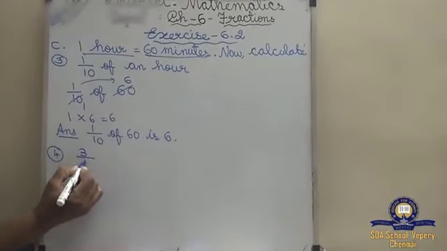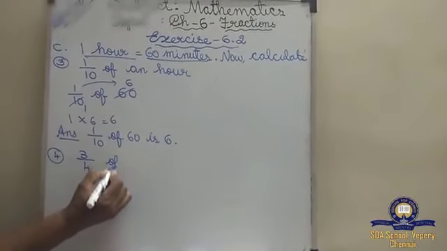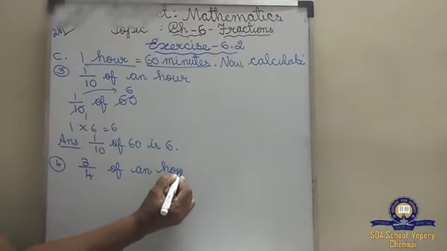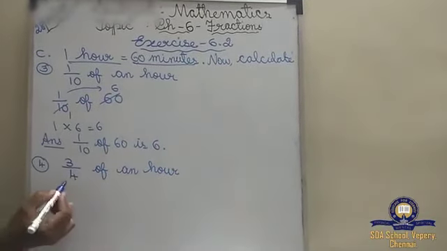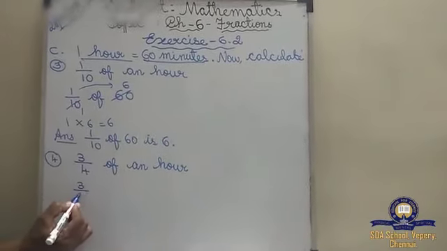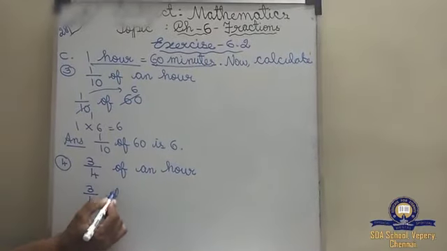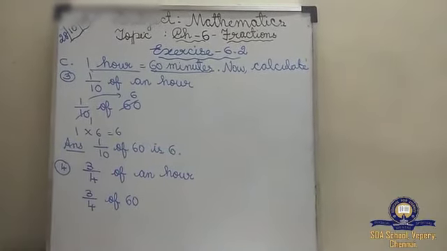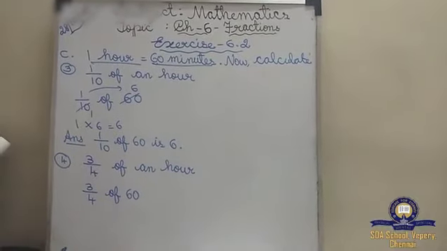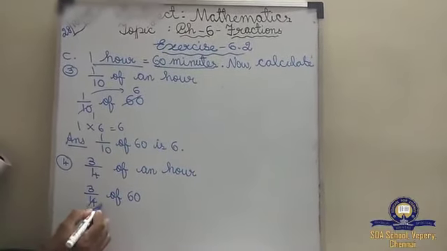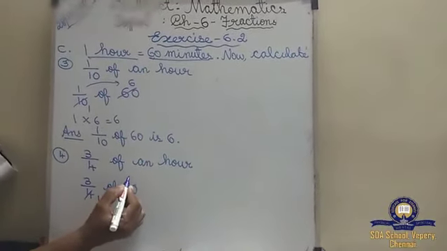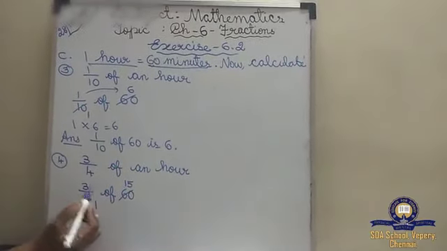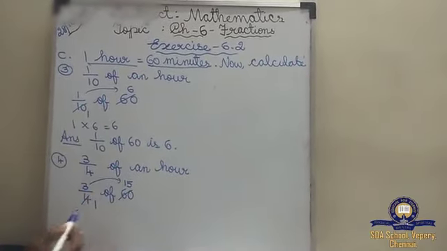3 by 4 of an hour. So what, children, again? 3 by 4 of 60. So 60 goes in 4 table also. So what will come? 1 4 is 4. What will come? 15 4s are 60. So these two, what do you have to do?